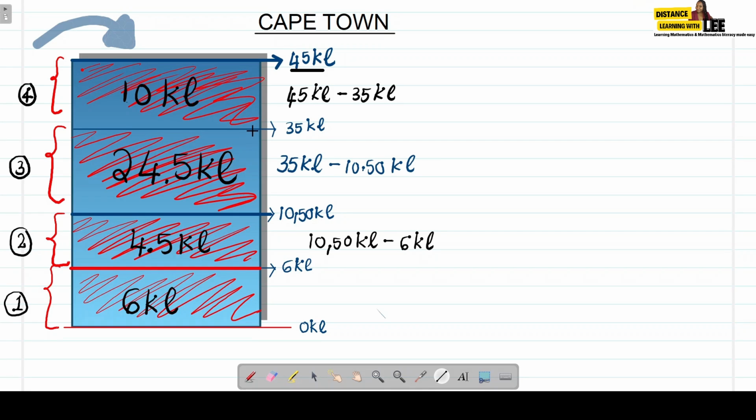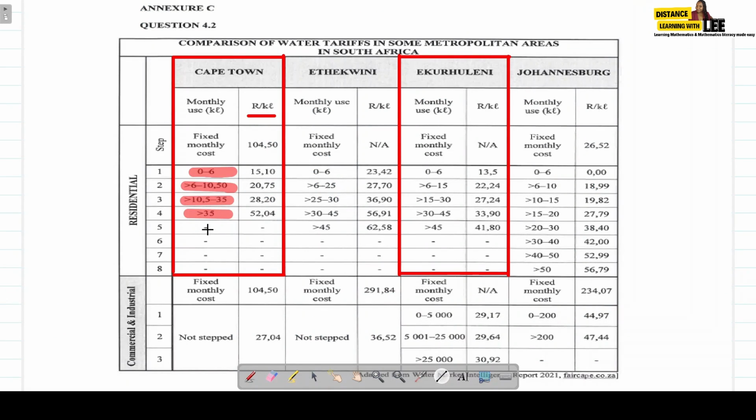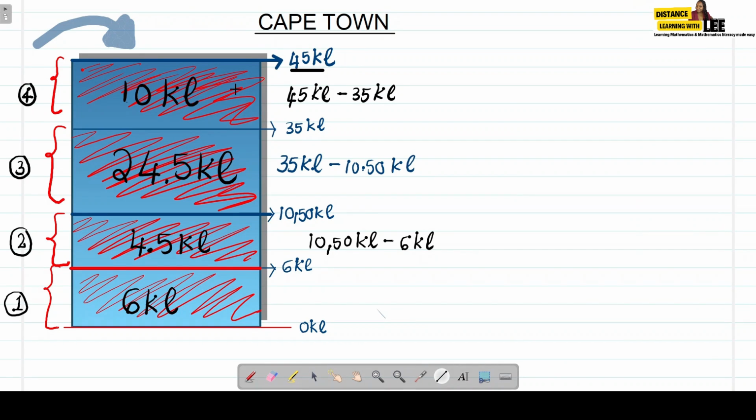And from 35 to 45, I specifically said 45 here because we are told that John uses 45 kiloliters of water. So I went all the way up to 45 and we found that only 10 kiloliters of our water was poured in our region 4.